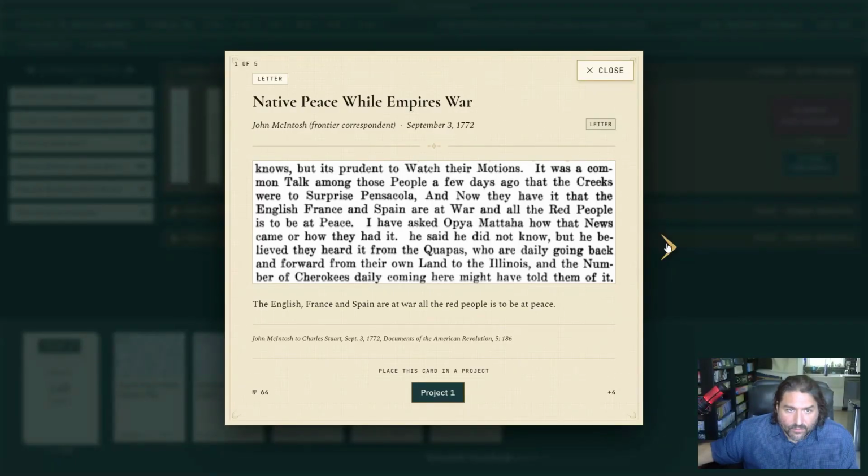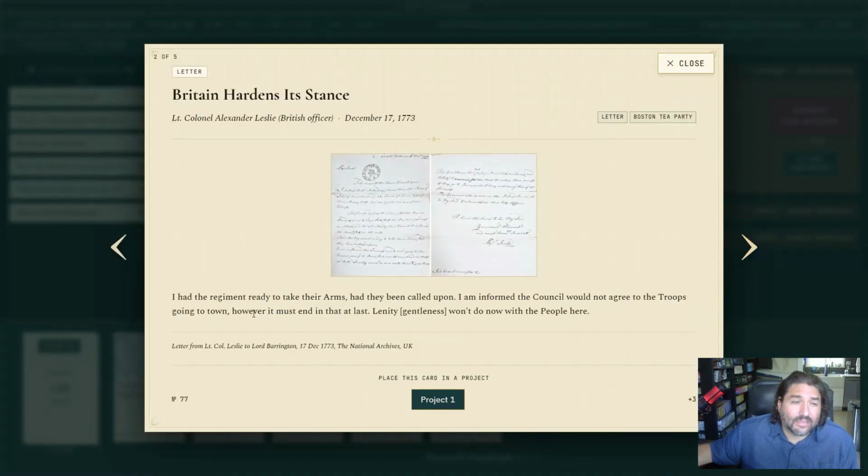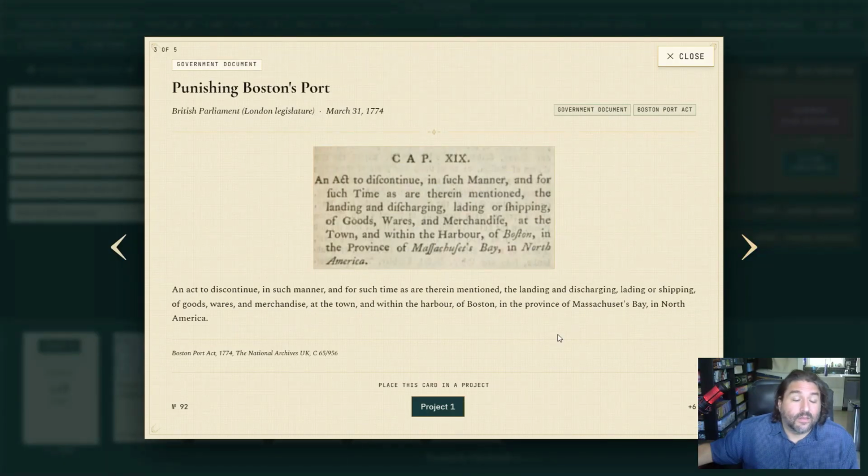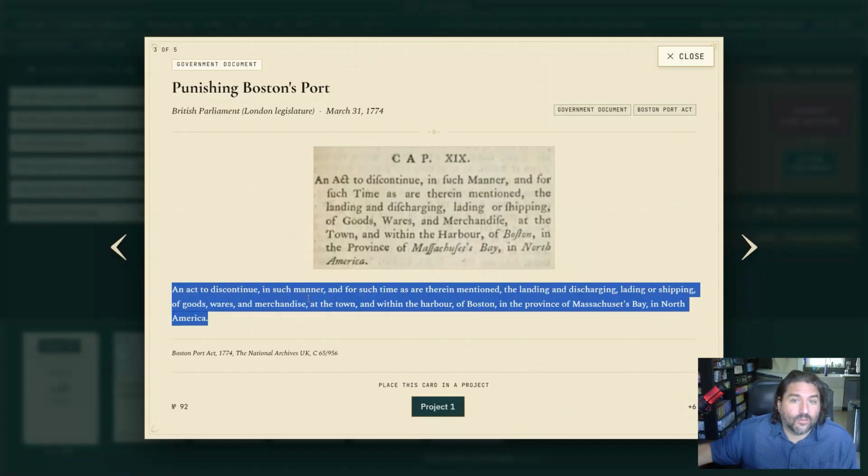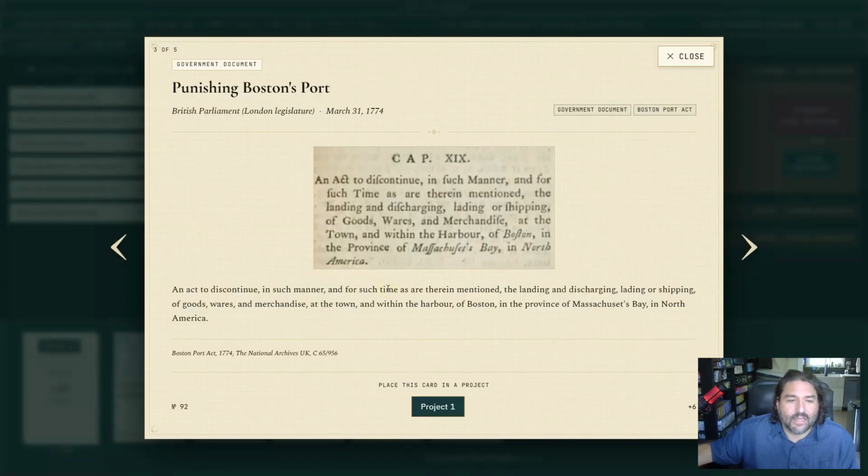So here we have a native perspective. Native American, the English, French, and Spain are all at war. The red people is to be at peace. Britain hardens its stance. Okay, so this is a British perspective on the Boston Tea Party. Fascinating. This is a British perspective on Boston's actions, right? This is the act that was passed to punish Boston for being so rebellious.